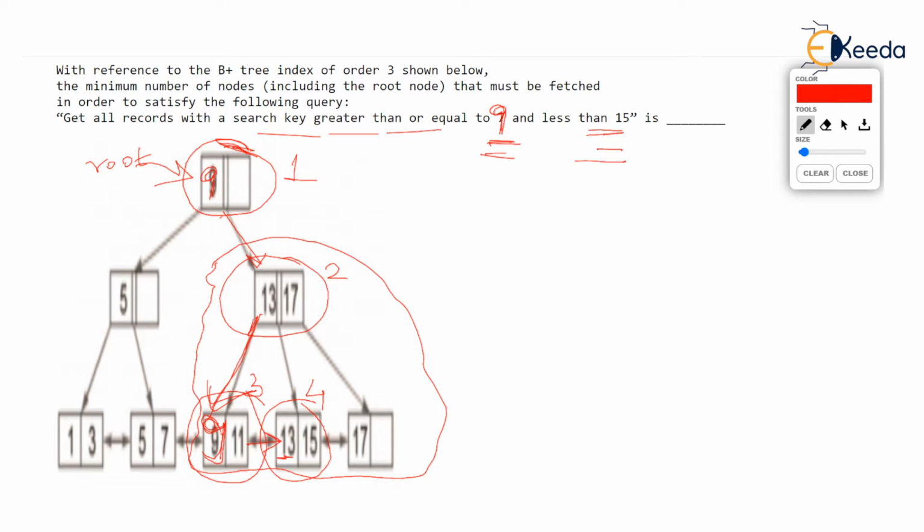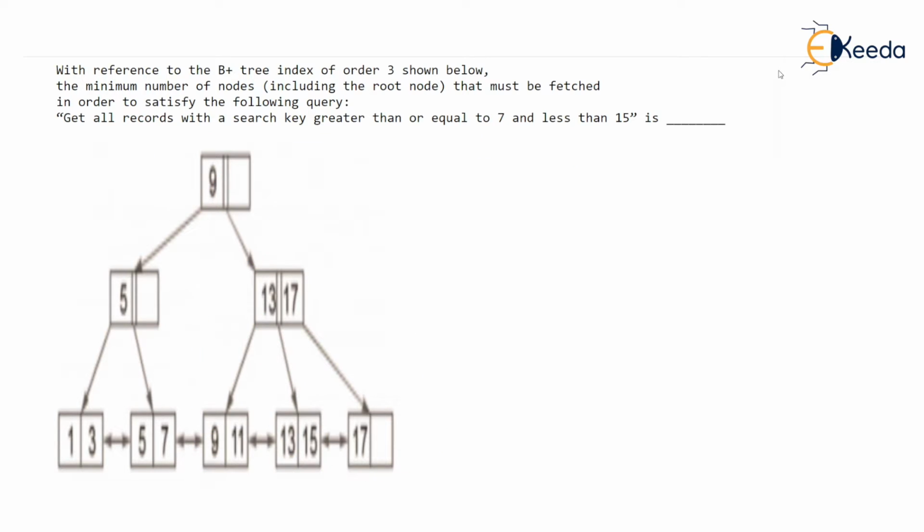Now, why I explained all this to you is because the search in B plus tree, I repeat, search in B plus tree always ends at leaf. So if suppose somebody says search 13 in this tree, just 13, we don't have range query now. Suppose you are asked to search 13.